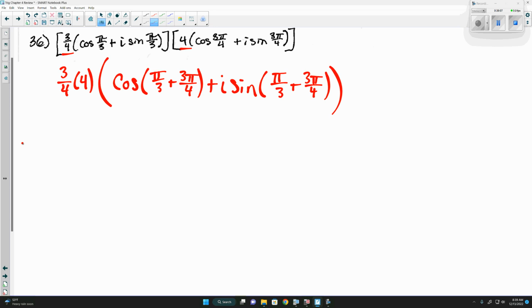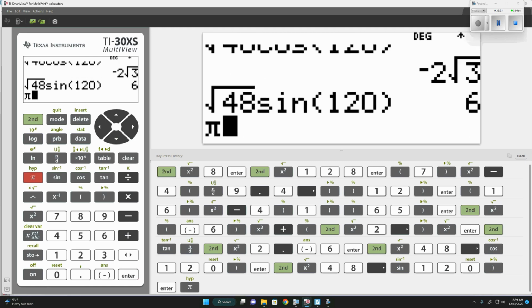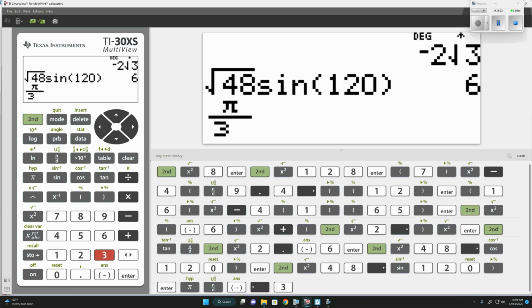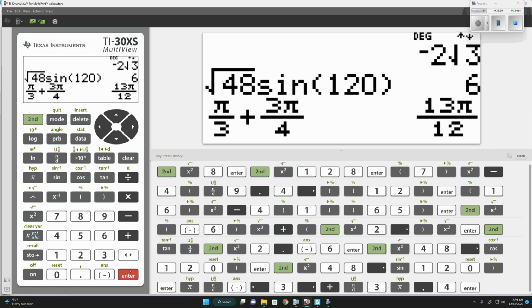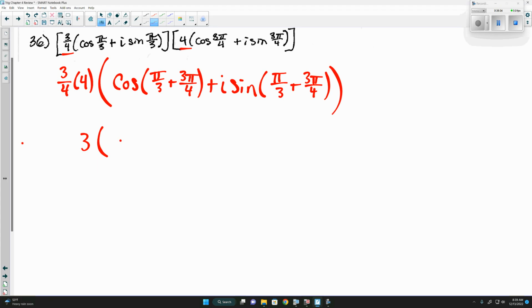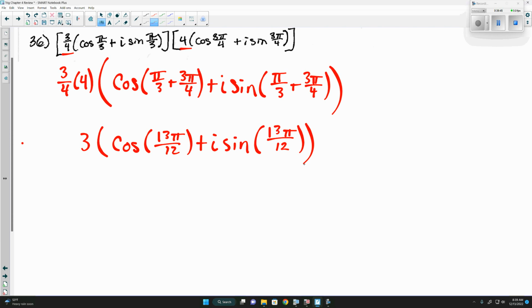You can leave it in polar form. But we do need to simplify a little bit. 3/4 times 4 is nice. It's just 3. Pi over 3 plus 3 pi over 4. We can grab a calculator. Pi over 3 plus 3 pi over 4 is 13 pi over 12. That's your answer.